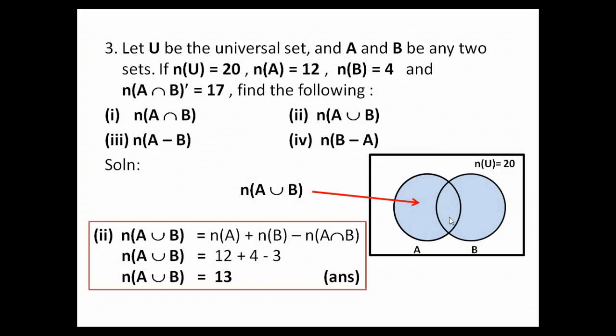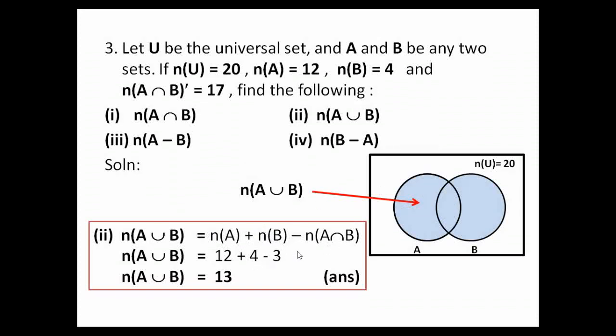Because the elements will be included twice if we don't subtract the elements present here once, because we are taking the elements of set A and the elements of set B. So the intersection part should be taken only once.